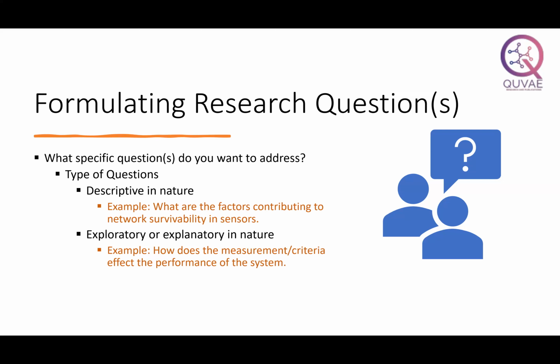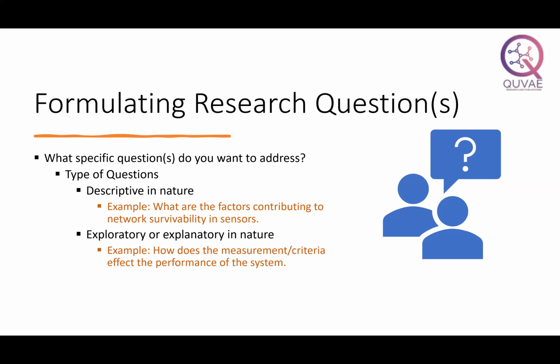So next is an exploratory or explanatory question. It goes deeper into understanding the how or why behind the phenomena. So basically, it will seek to explain the relationship, the cause or the effect of the phenomena.